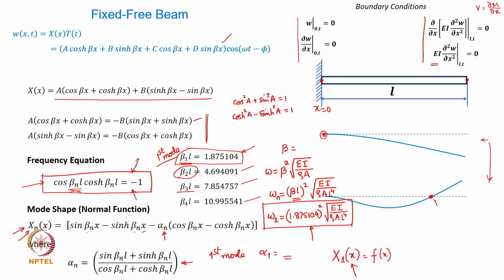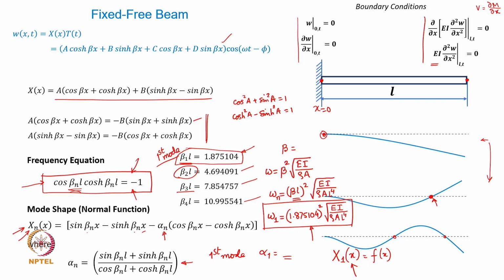So you can see that one node gets added here, and if you take the third mode, you will find that there is addition of one more node in the mode shape. This is how the fixed free beam or a cantilever beam natural frequencies and mode shapes are obtained.